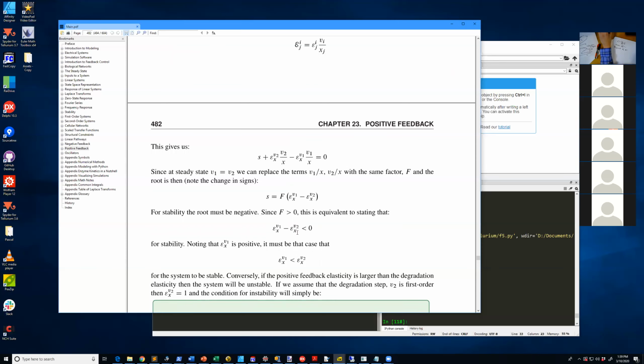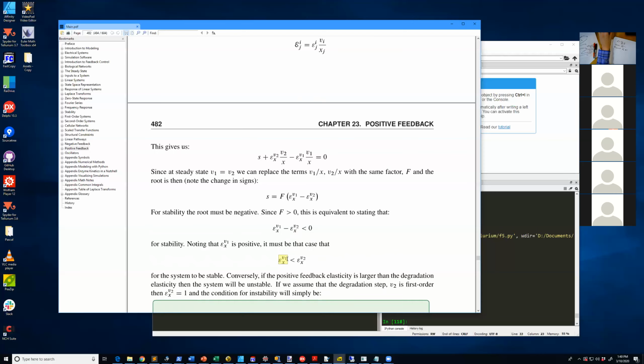So if you look at this long enough, you'll realize that for the system to be stable, the feedback elasticity must be less than the forward mass action elasticity. Now, since V2 is a mass action rate law, its elasticity must be 1. So in other words, for bistability, the feedback elasticity must be greater than 1.